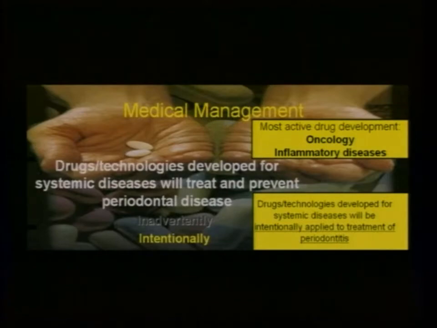And when you treat inflammation on one chronic inflammatory disease, it's going to have an effect on inflammatory periodontitis. I think this is an important kind of conceptual thing. It's a broader view of the periosystemic connection, that there are common critical pathways of multiple diseases, and you treat one and it's going to affect the other. And certainly we'll be seeing more and more of this in the future as well.